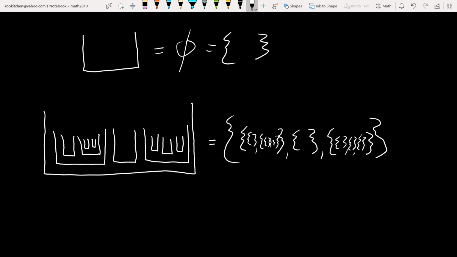Okay. When you see something like this in challenge problems and stuff like that, the way they're going to typically write it is for those innermost empty sets, they'll just write the null set. So inside of this first set that's in the big set, there's a null set, and then there's a set that contains 2 null sets.